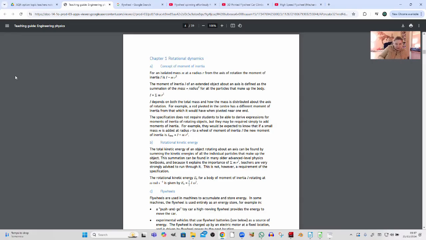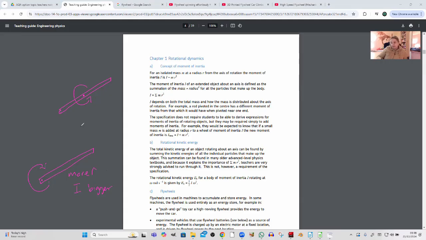In other words, if you've got a rod and you pivot it here and it rotates, that has a different moment of inertia to the same rod pivoted there, and that rotates. Can you see that the distance of the mass from the centre of rotation here is more, r is bigger, which means that I will be bigger.